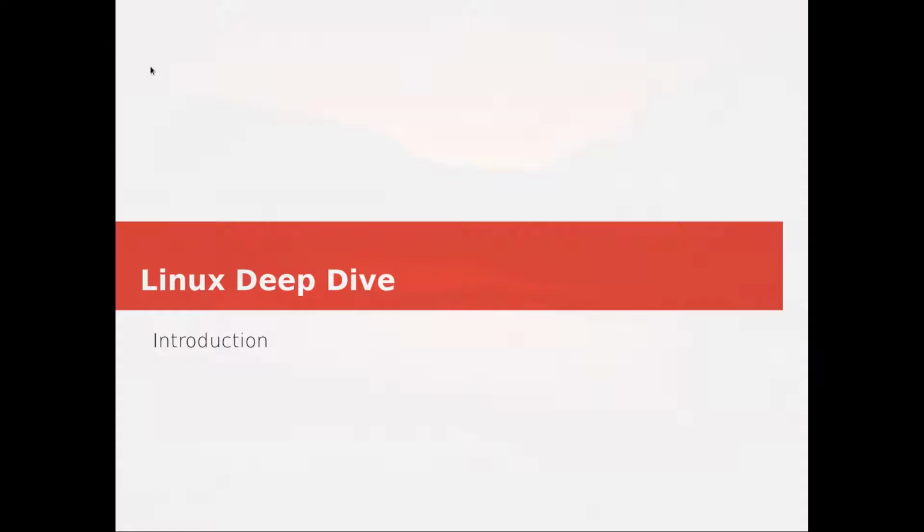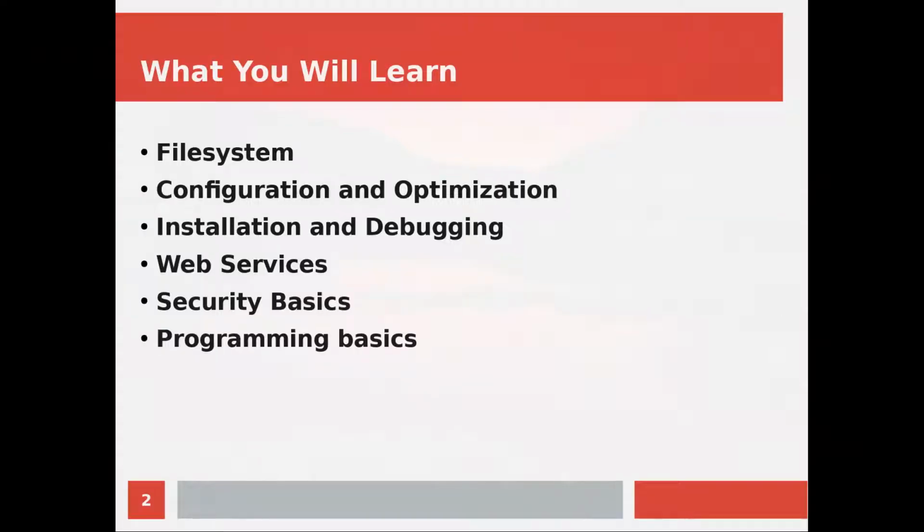So in this course we're going to touch on basically what makes Linux tick, and we are going to dive super deep into the internals of Linux, and we're going to experiment and play around with pretty much everything Linux has to offer. In this course we will cover file systems and how to partition our disk and how to prep for installation. We'll install and debug our system, and we'll configure and optimize it.